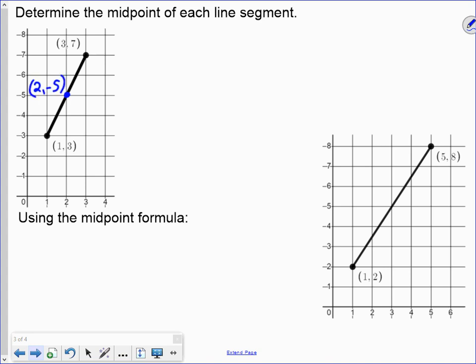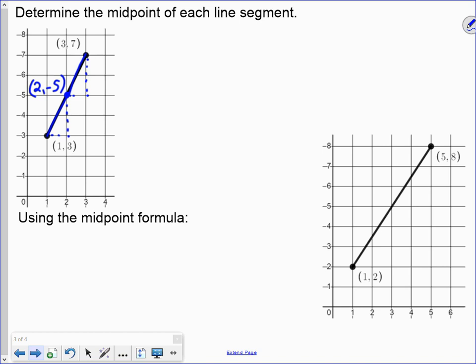Okay? And we can see that, if we go down 2 and over 1, and then if we go down 2 and over 1, those two distances from here to here and here to here are going to be exactly the same. So the other way of looking at it is that the x-coordinate of our midpoint here is halfway in between the x-coordinates of our endpoints.